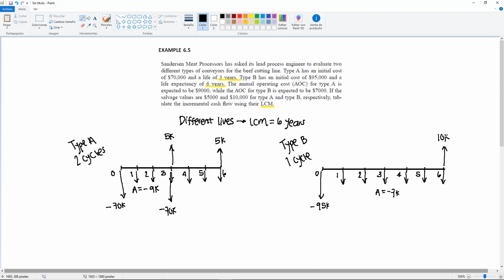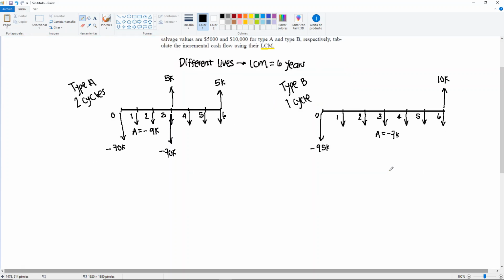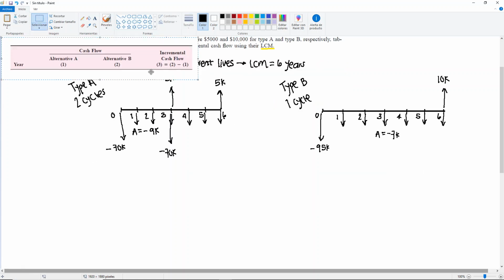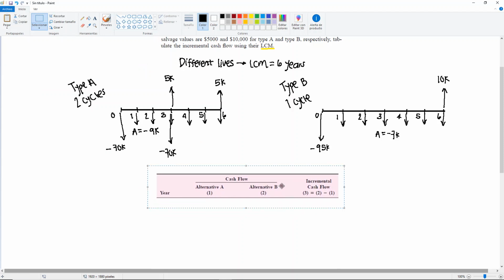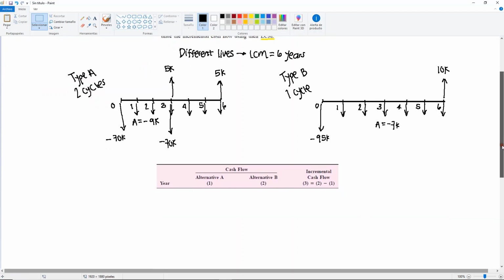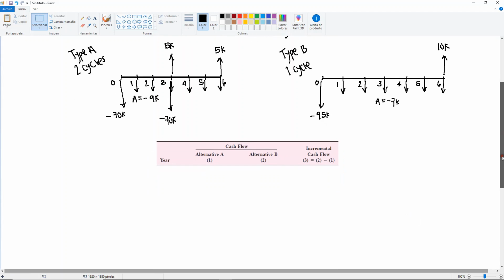Okay. It's easier if you have the diagrams first, because now we need to fill out our table. So I have my headers here ready. We want to be able to see the diagrams.